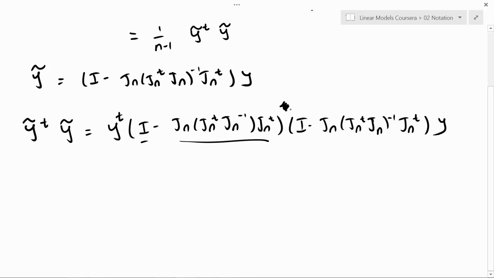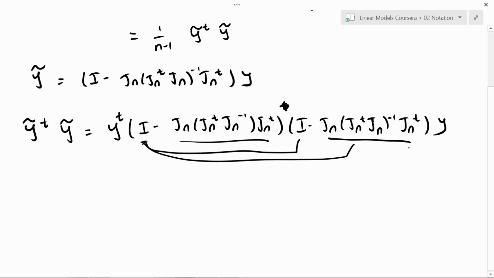Another thing that's interesting to note is that if I were to multiply this out, I times I is just I, and I times this matrix, which I like to call the hat matrix, is just itself.